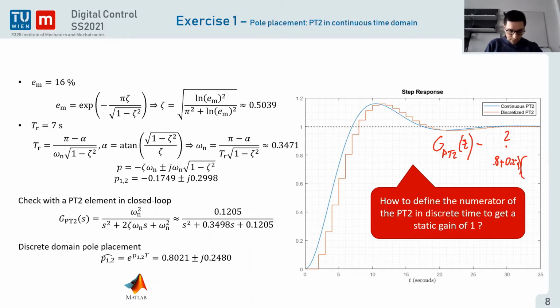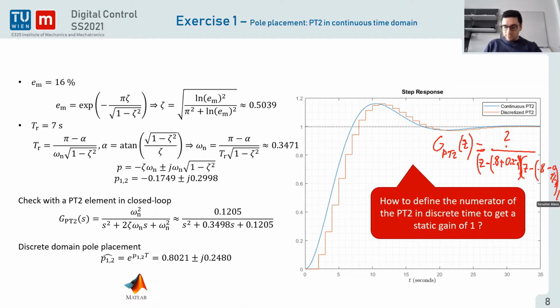It should be like this: Z minus this, times Z minus 0.8 minus 0.24j.